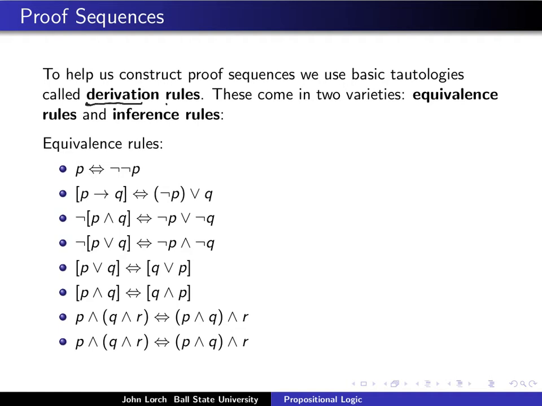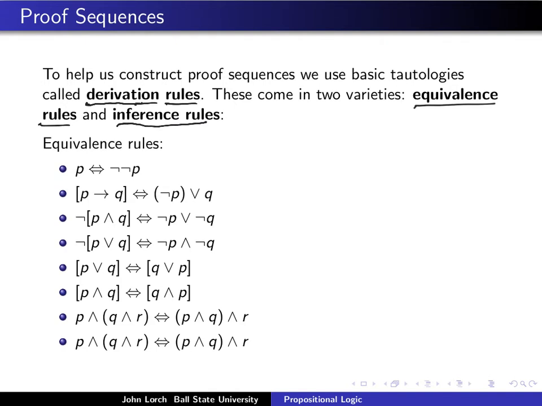So you can think about these as tools in our tool belt that we're going to use to construct proof sequences. There are two varieties of these. There are equivalence rules, where we are declaring two statements to be logically equivalent. And then there are inference rules, where we're declaring that we can infer one statement from another.